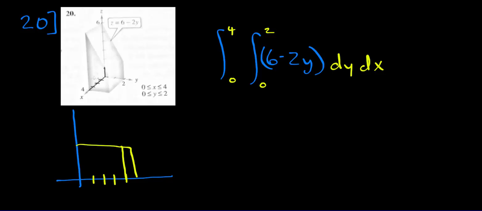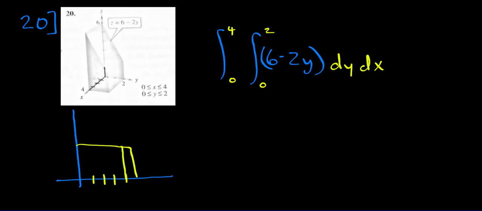I didn't have to do dy dx. I could have done dx dy, but this is the way I chose to set this one up. You would get the same result if you would integrate it with respect to x first. The difference is the antiderivative with respect to x would be 6x minus 2xy. See?